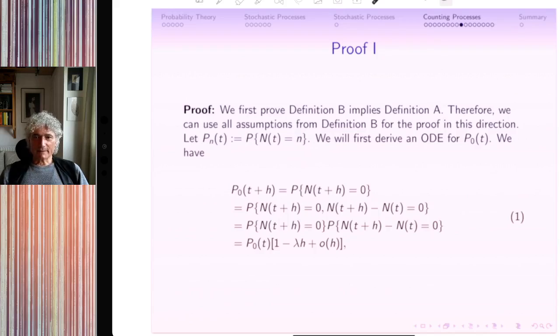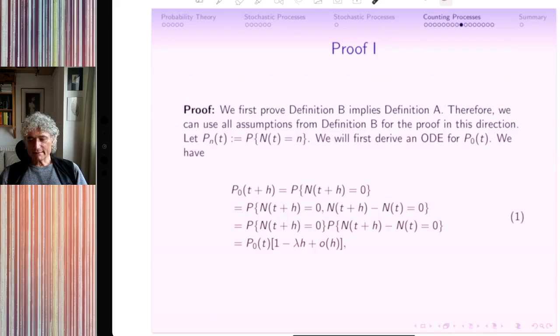Now, the idea is that we derive an ordinary differential equation for these different quantities P_n of t, and we start to derive an ODE for just P0 of t. So that is the probability that at time t we have still not counted any event.